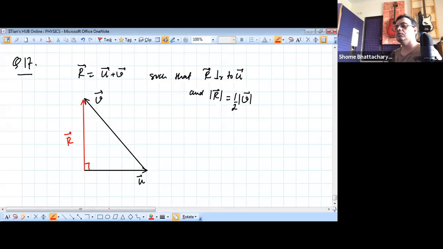And also, if the resultant has some magnitude x, then this has magnitude 2x.